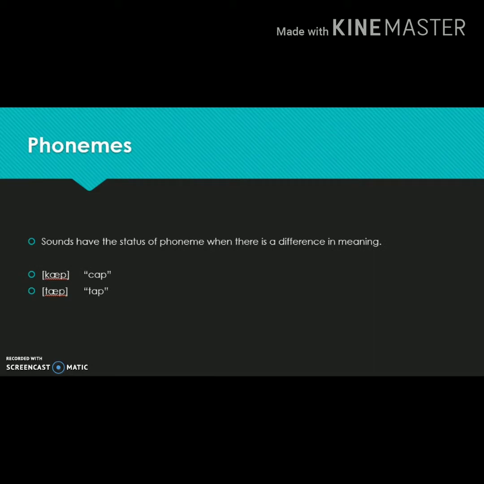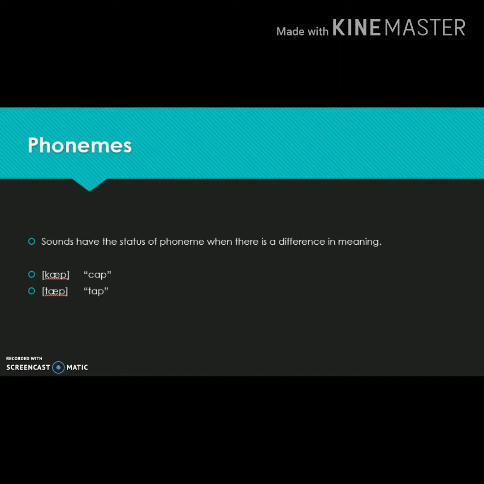Now, when there's a difference in sound, like in cap and tap, notice how both of these words have three sounds: initial consonant, the same vowel, and the same final consonant.